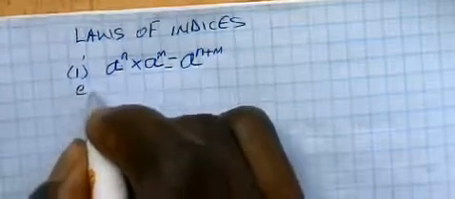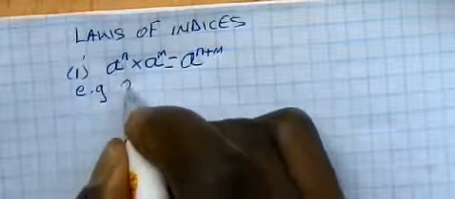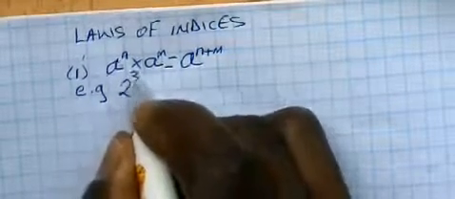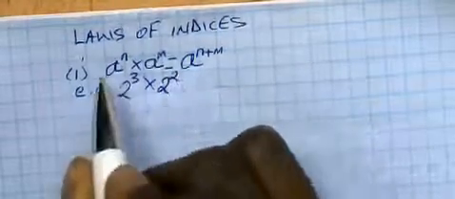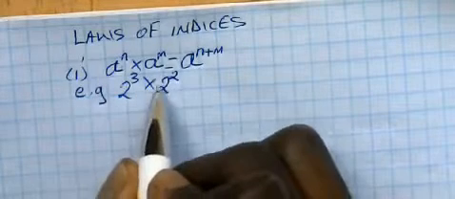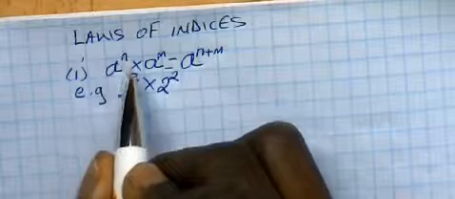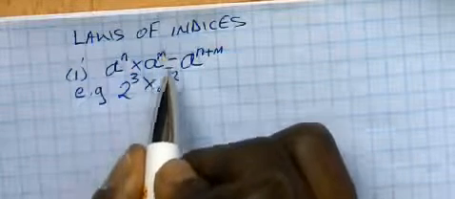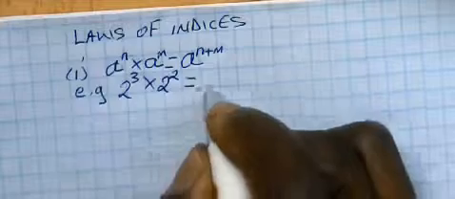I have an example here. For example, 2 raised to power 3 multiplied by 2 raised to power 2. Here in our case a is 2, and I'm assuming that n is 3 and m is 2. Therefore it is the same as you take one of the bases.